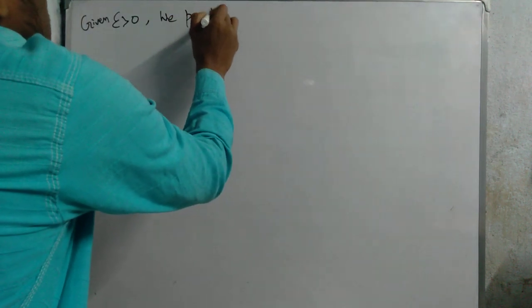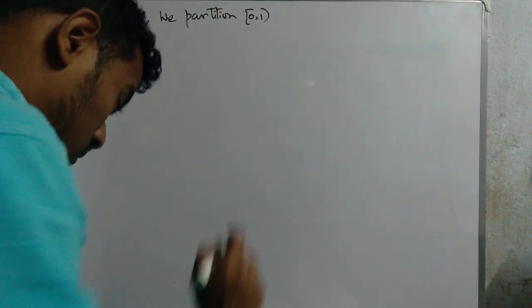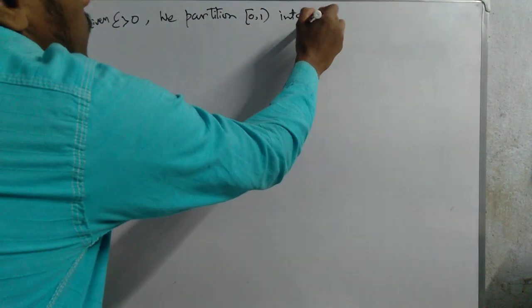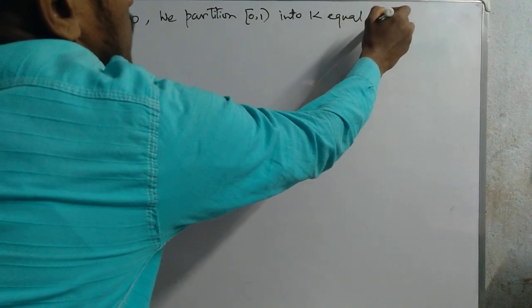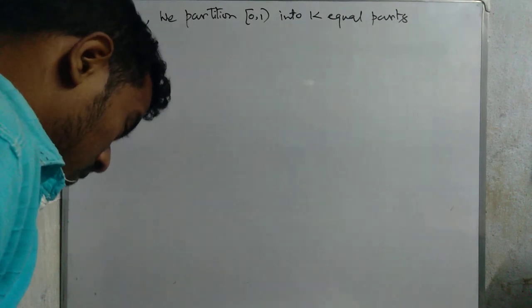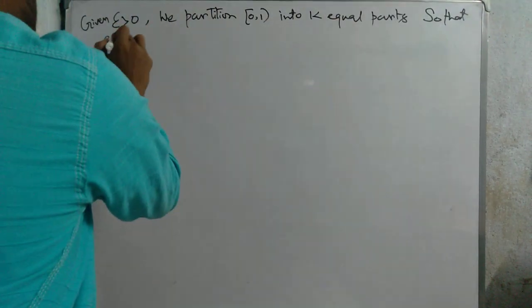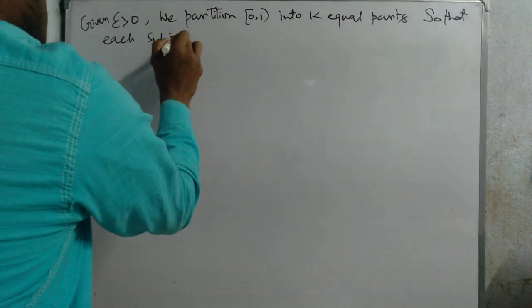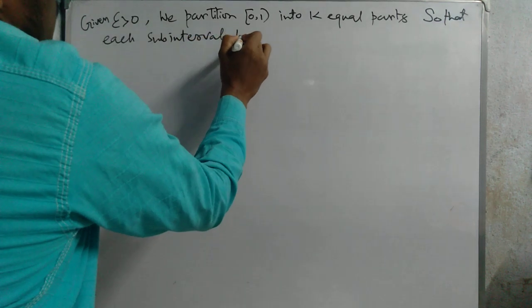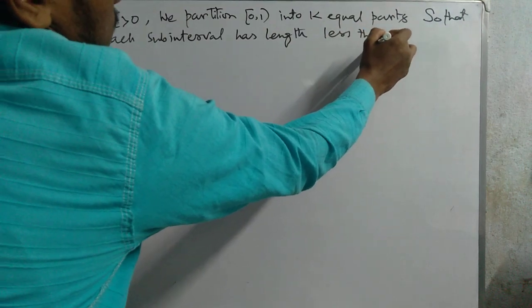Given epsilon greater than 0, we partition [0,1] into k equal parts so that each subinterval has length less than epsilon.